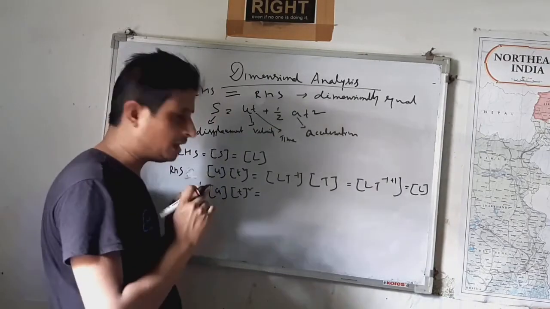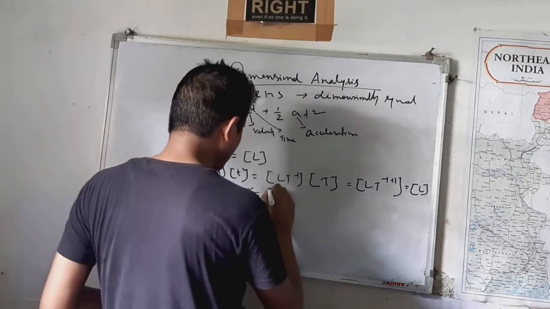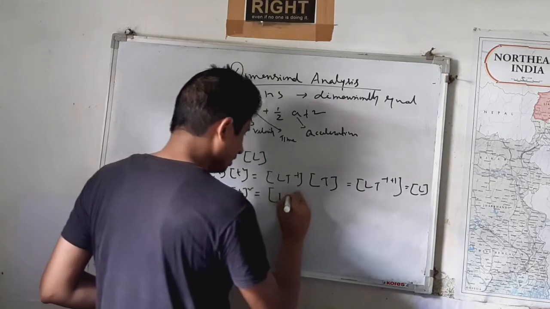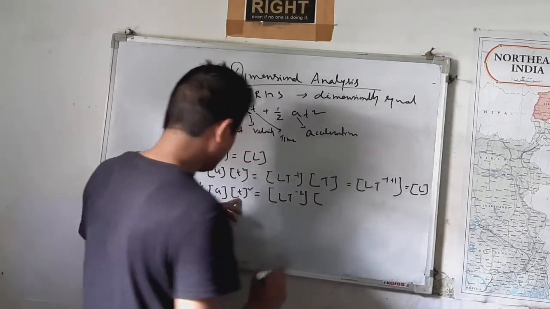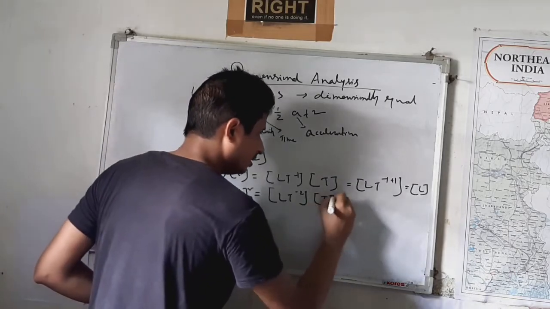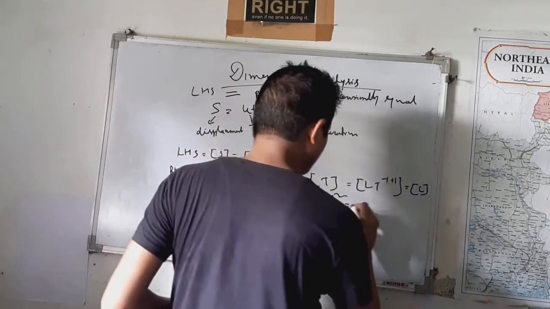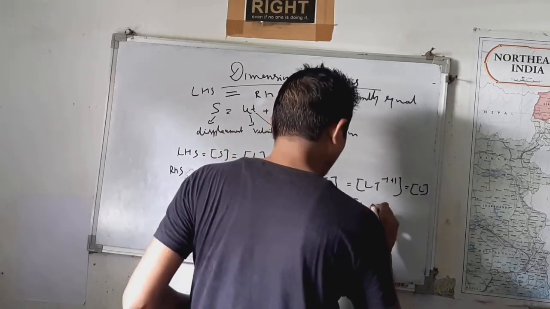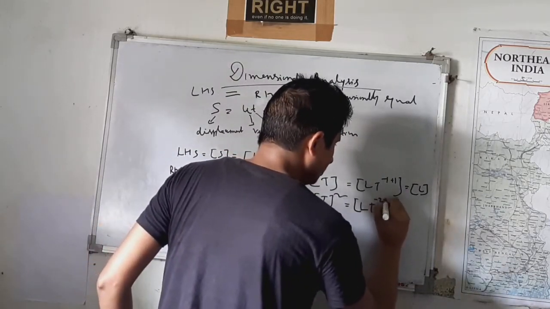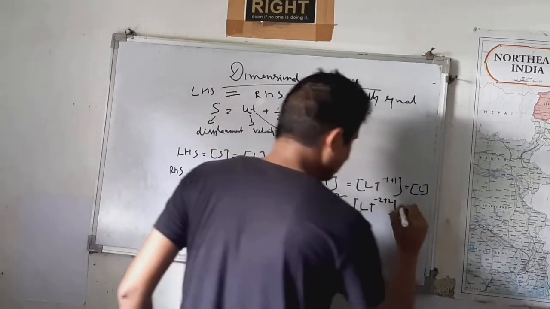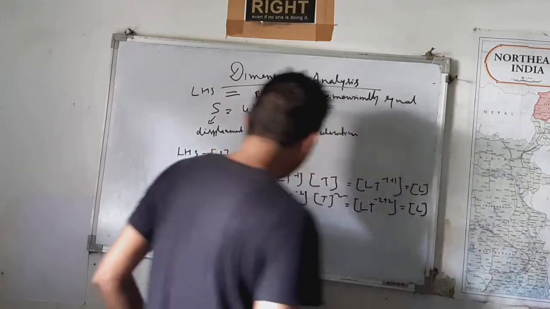Here half is a dimensionless quantity, and a is acceleration. Its dimensional formula is LT inverse of 2, and this is T square. So again L, because T minus 2 plus 2, so it is simply again L.